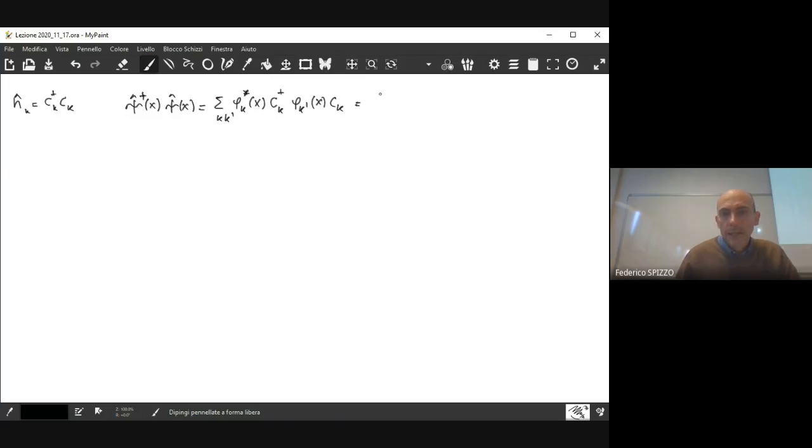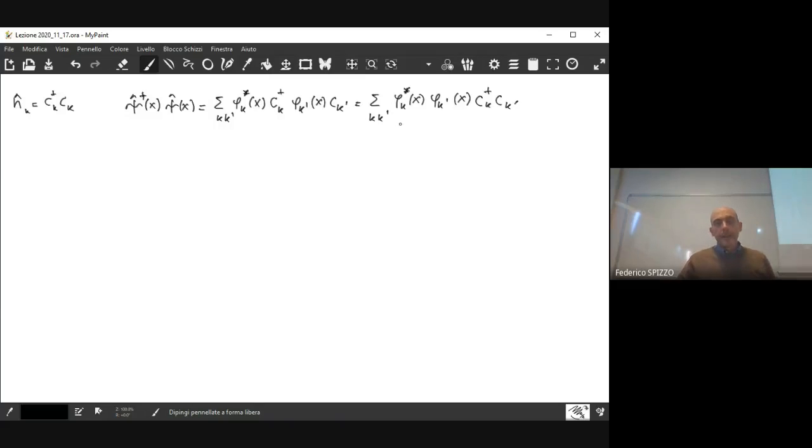And again, due to the fact that the wave functions are just coefficients, we may write this as phi k conjugated of x, phi k prime of x, and then we have c cross k, c, sorry, there is a k prime here, c k prime.